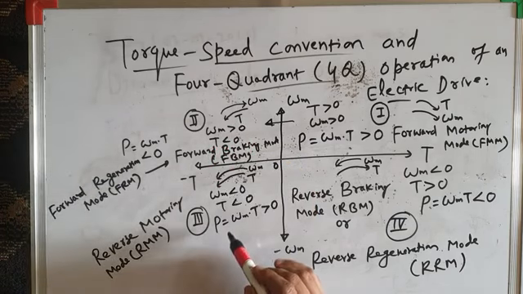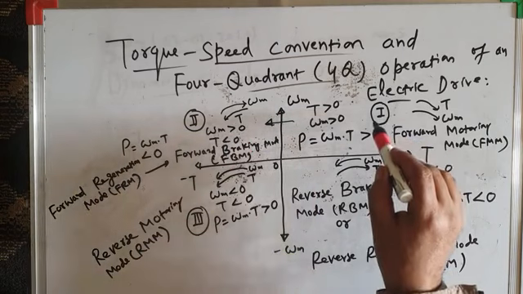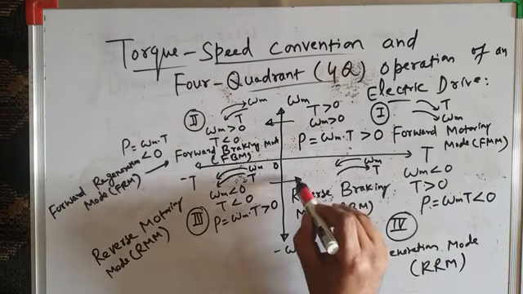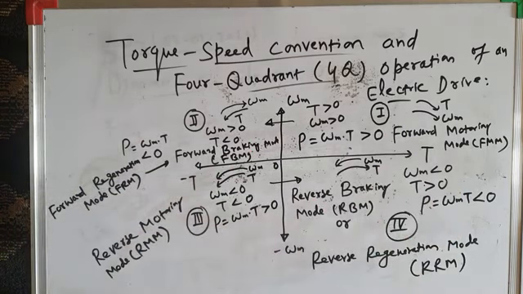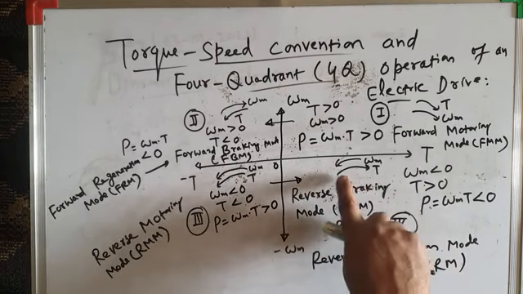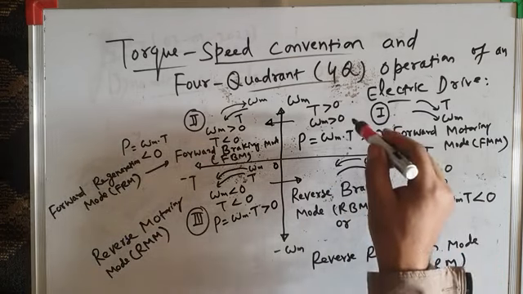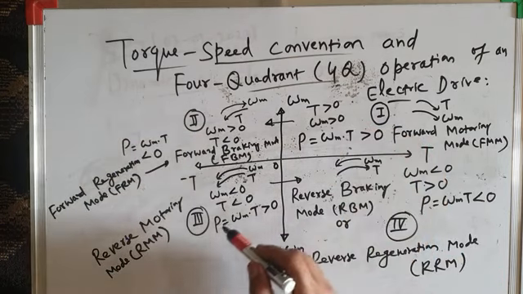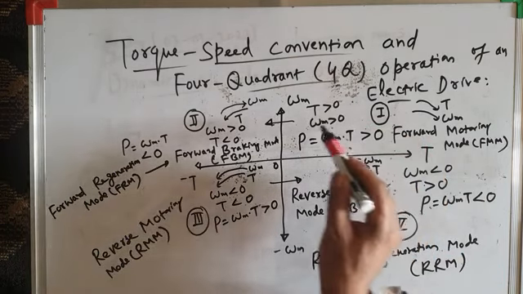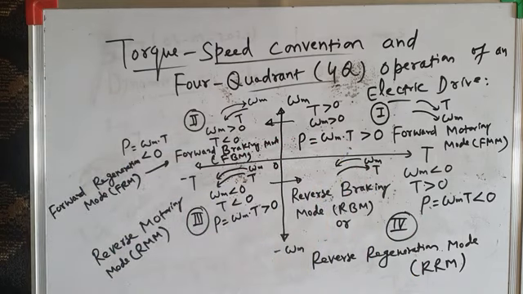Similarly, if you want to go from reverse motoring mode to forward motoring mode, you have to go via quadrant 4, which is the reverse regeneration mode, where the machine acts as a generator, supplies energy back to the source, and while doing that, the direction of torque reverses, it brakes the motor. So I repeat, while going from forward motoring mode to reverse motoring mode, you have to go via forward regeneration mode.